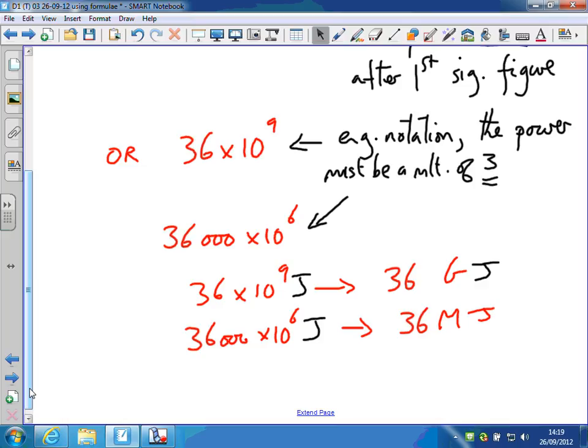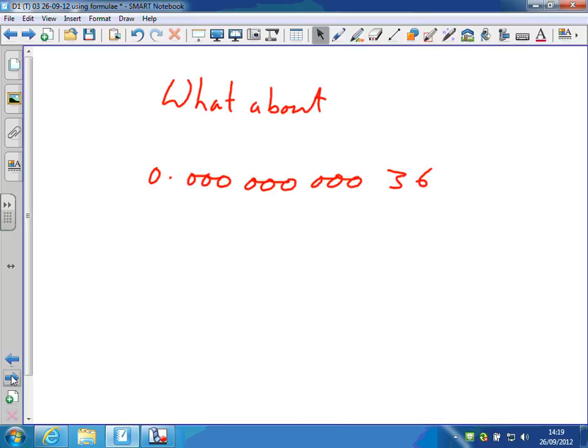One more example before we stop, because I don't want to leave the story in the middle. That's just how we represent large numbers. What about small numbers? 0.0000036. Exactly the same idea. In standard form, we've got no choice. We've got to move the decimal point to after the first significant figure. And then we ask ourselves to get it back now from where I put it, 3.6, to where it should be.